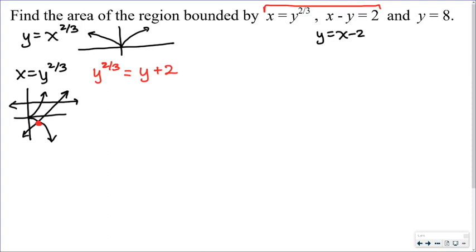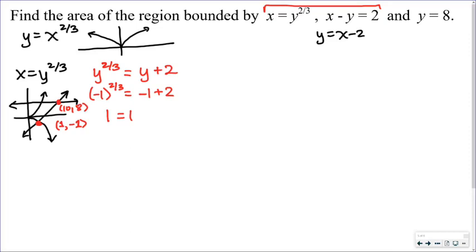If I plug in -1 here, (-1)^(2/3) equals -1 plus 2. Well, this is 1 equals 1. So this is (1, -1). Okay, great. And of course, this is when y is 8, that's going to be 10, 8.